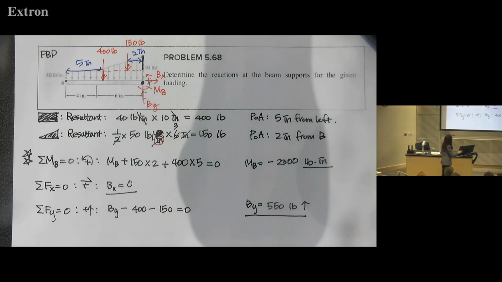From this equation, I think this should be if moment is minus 2,300 here, then this equation is satisfied. About the direction, right? So we assumed the moment as counterclockwise, right? But we got minus. So that means actual moment is clockwise.